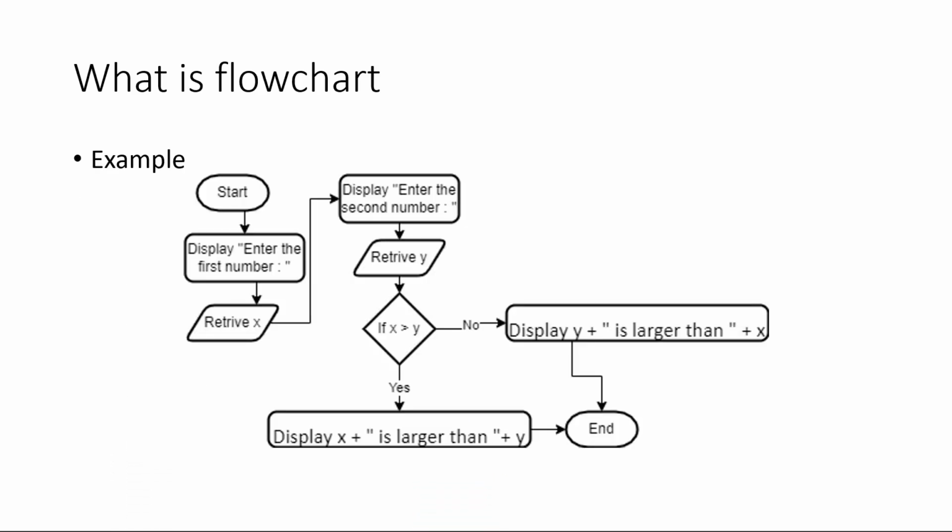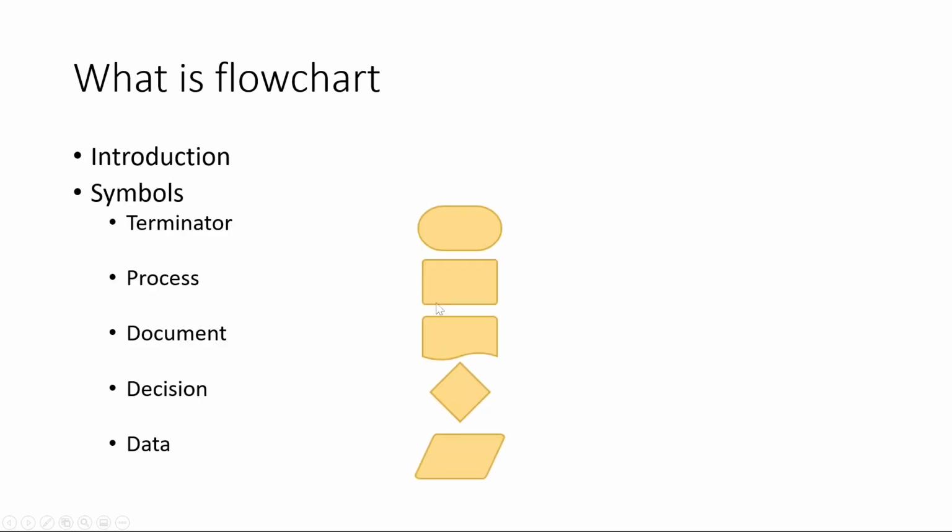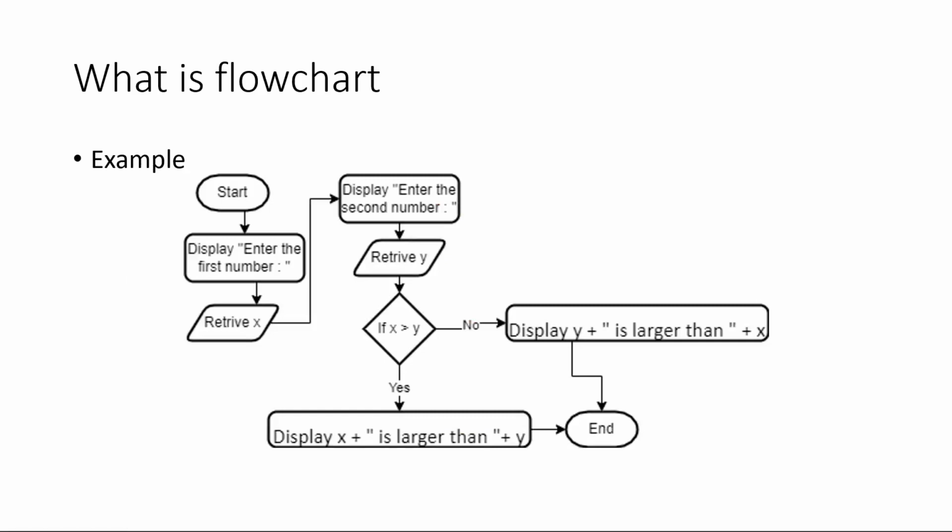As you can see, I drew the last example as a flowchart, not pseudocode. That is the terminator; you see, we have a start and an end. And in here, you can see there's a display "enter the first number", which is inside a rectangle. As you can remember, the rectangle was for processing. So in the process, we write display the first number.